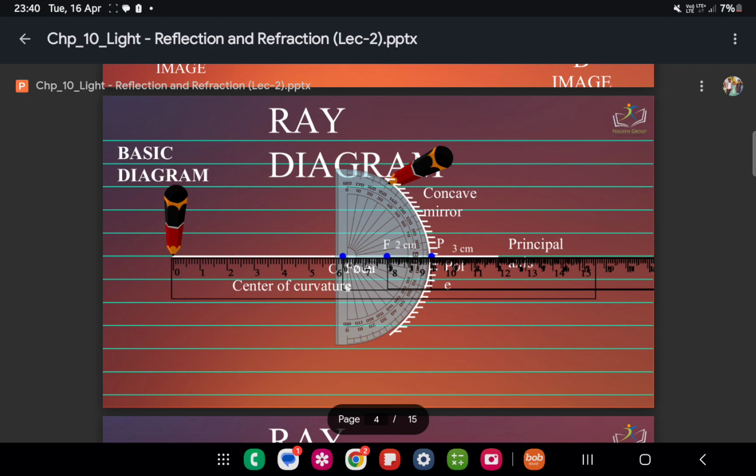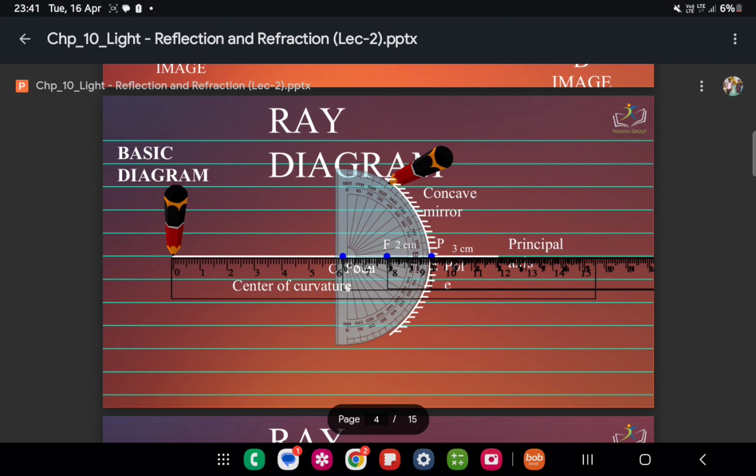Already we have learned that here, this part I am showing represents the concave mirror. Here all the terms are represented.